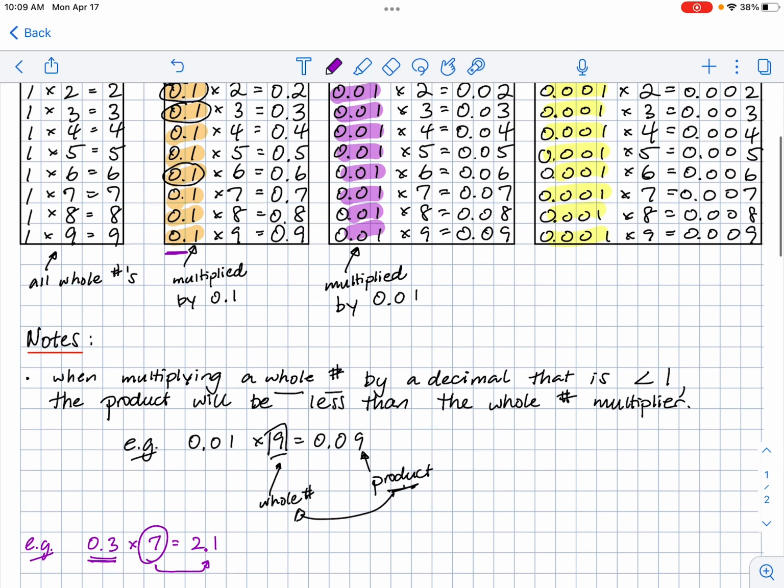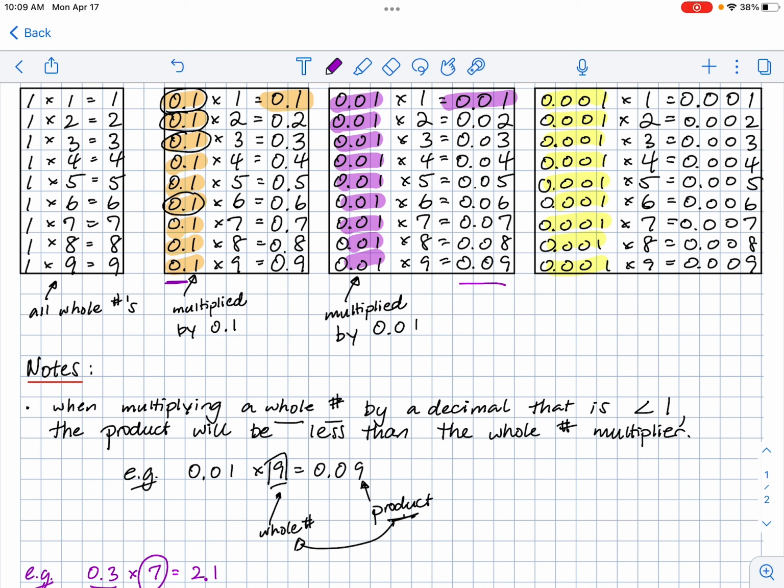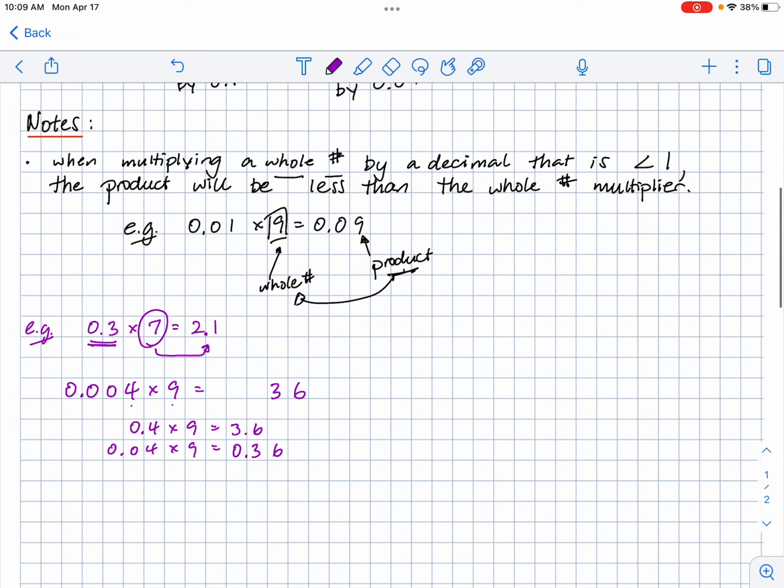If you look above at the column of multiplying by 1/100th, notice we have 2 digits after the decimal place there, right? So what would happen to our answer if we had 4/1000 times 9? Well, hopefully by now you would have predicted that you're going to have 36 thousandths.